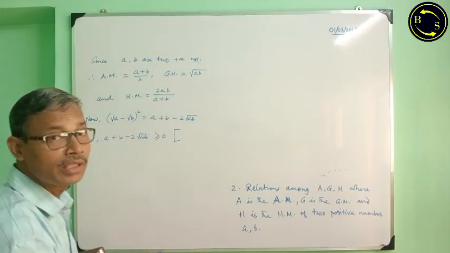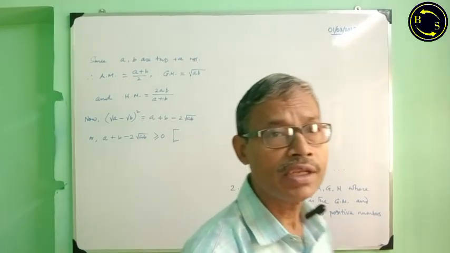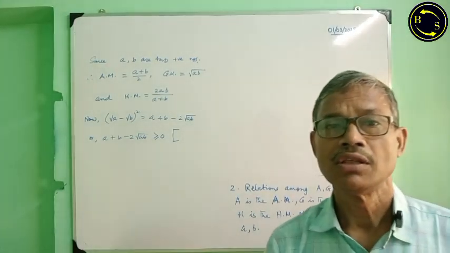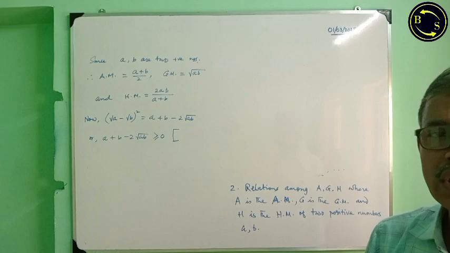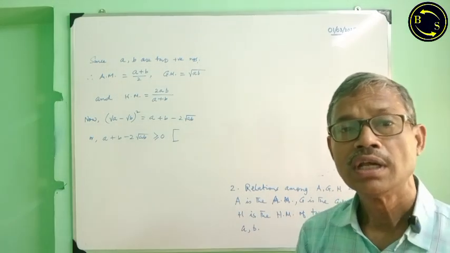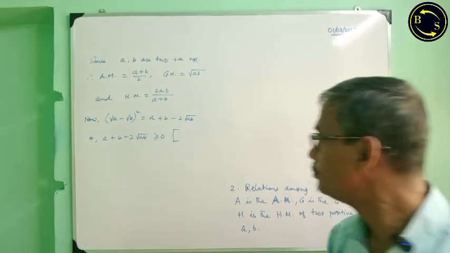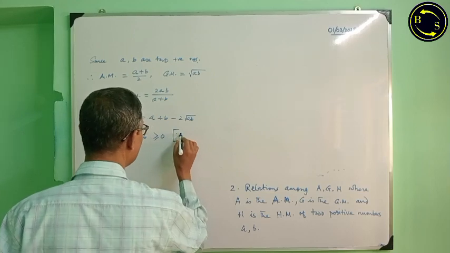Since root A minus root B whole square is a perfect square, and already we know that a perfect square is greater than or equal to 0.